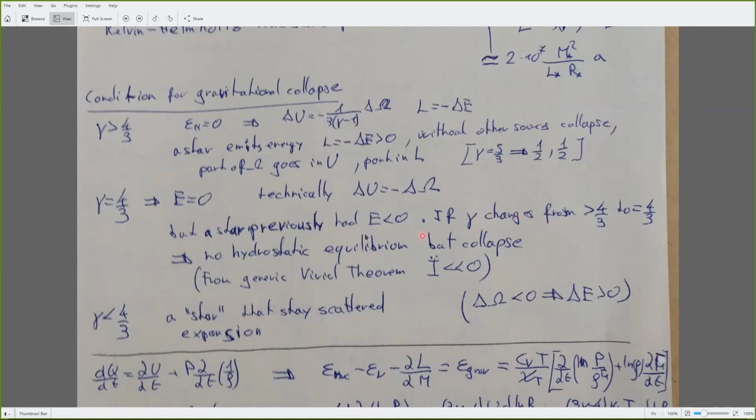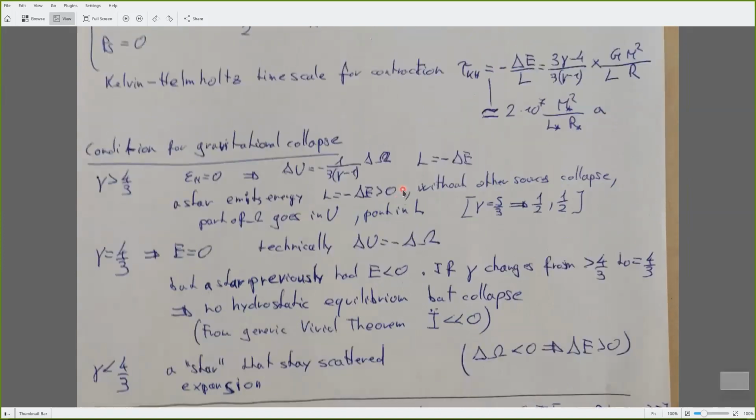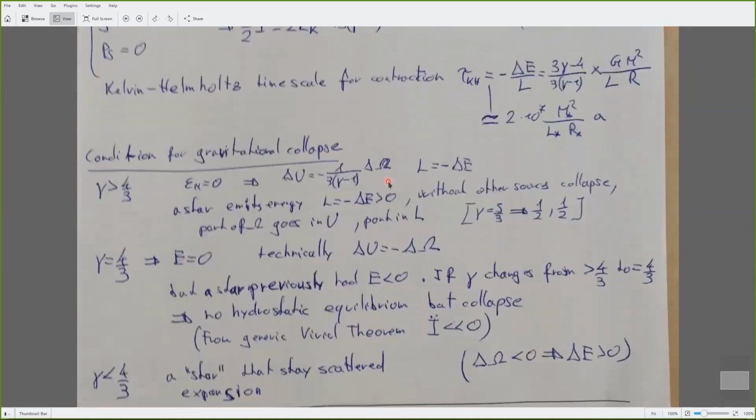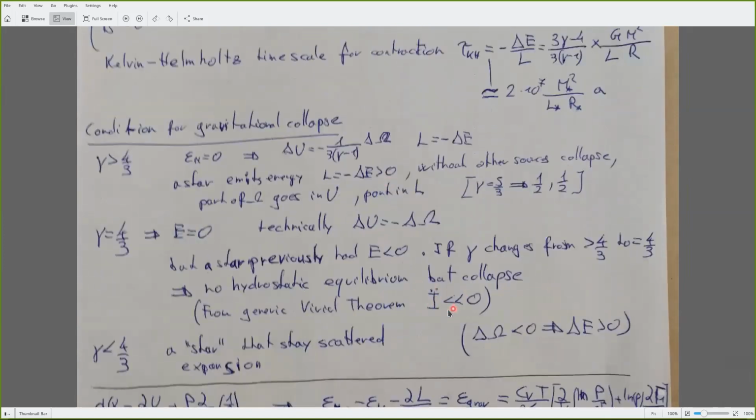So if gamma changes, essentially you cannot have a star starting with gamma 4/3. So you are changing from above 4/3 to 4/3, which should not be perfect static equilibrium. So we have a star about to collapse. If you do the calculation, essentially from the virial theorem, you can see that the moment of inertia should be really small and negative.